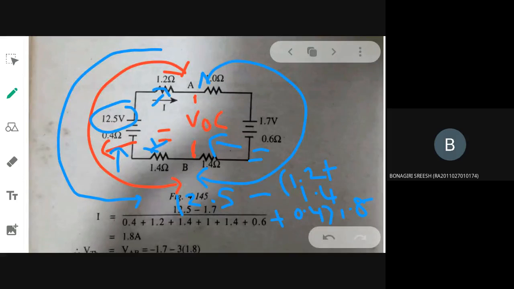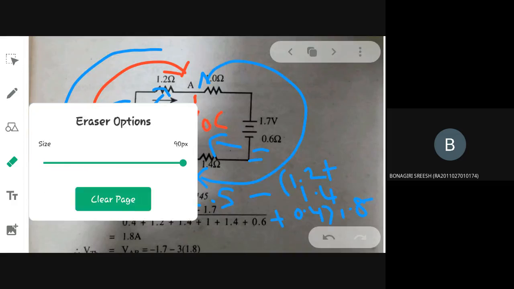What is the voltage that you are getting for VAB? 7.1, ma'am. Here they have solved it by this method. Here they have solved it the other way. Either way you will get the same answer only, 7.1.